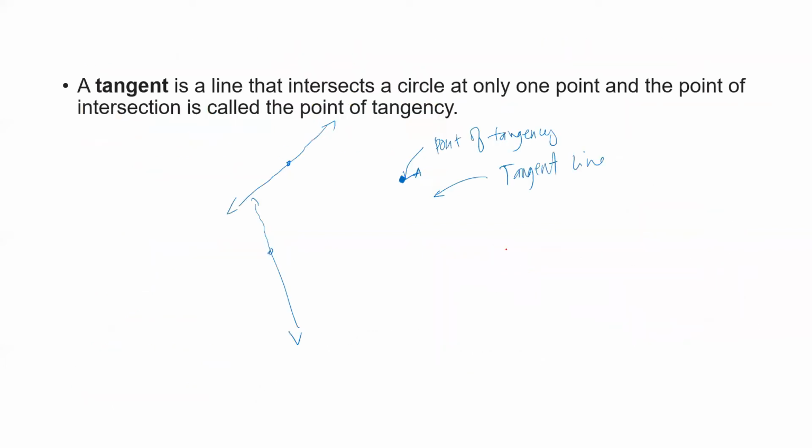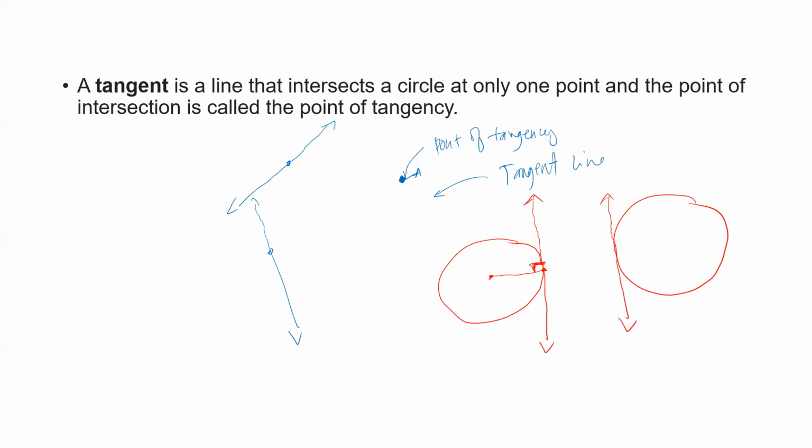Let's go back to the earlier drawing. We have here a circle and a tangent line. The tangent line is always perpendicular to the radius. If you connect the point of tangency to the center, you create 90 degrees.